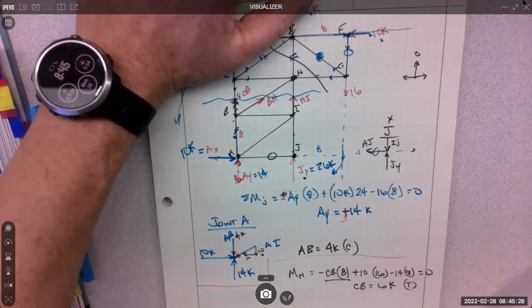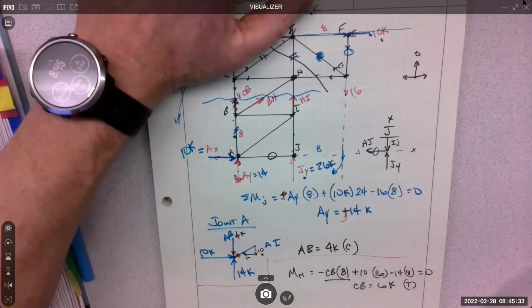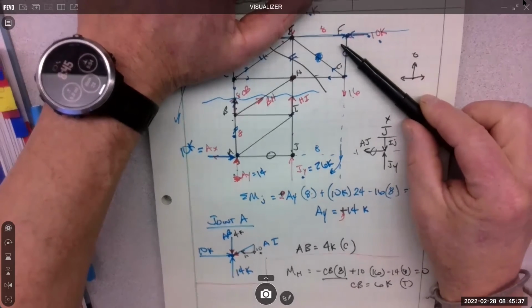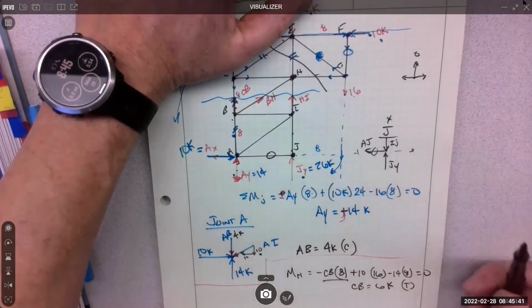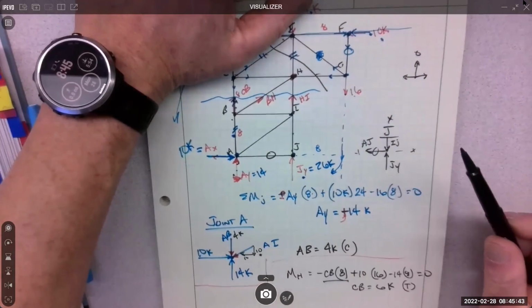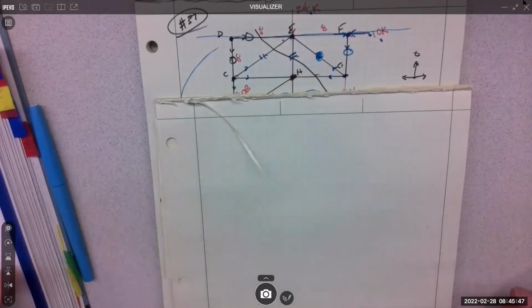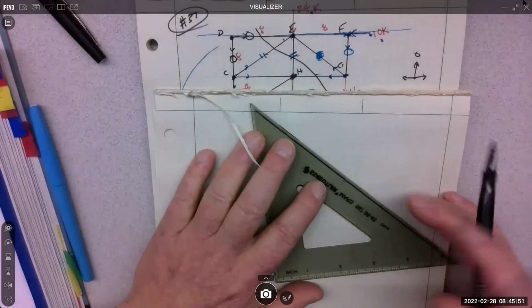Which side? What about just using this side? Not this mess down here. So if we do that, it's going to look something like, I'll actually make it a 45 this time.